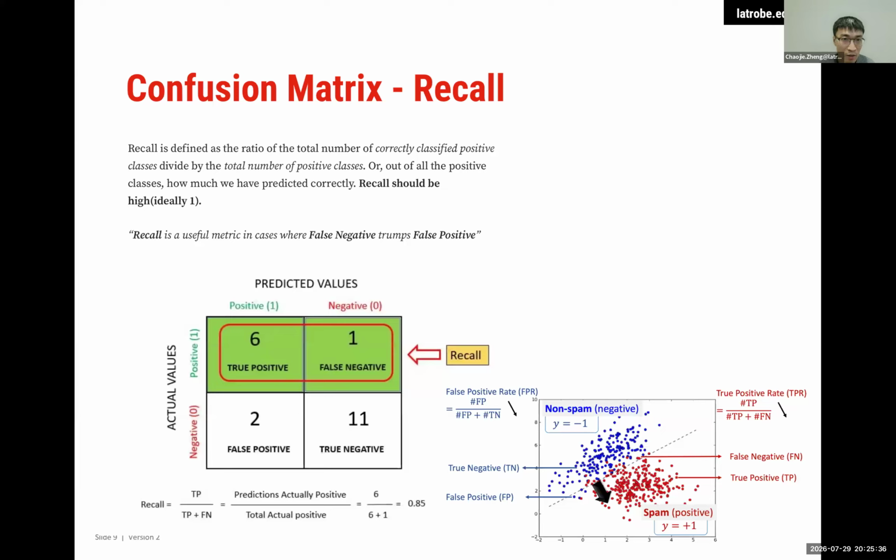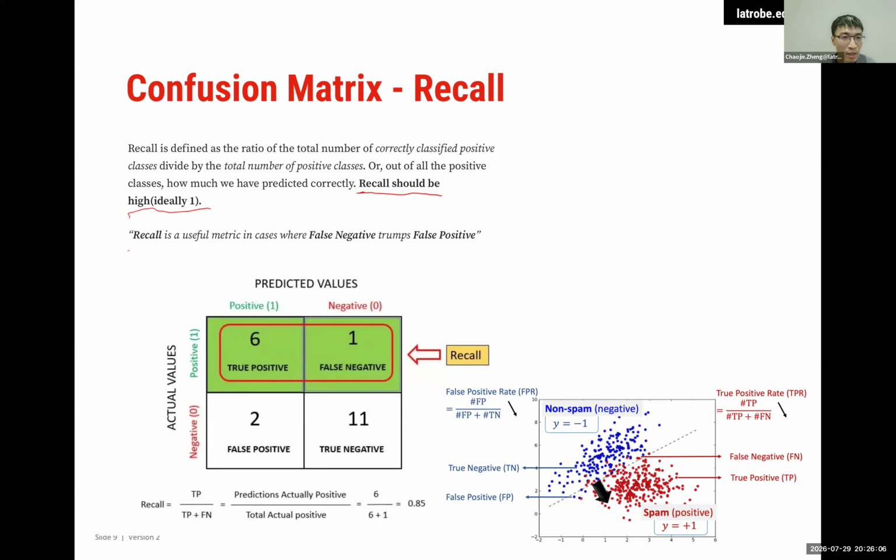We are expecting recall should be high for an ideal model, and the maximum value for this recall will also be 1. In that case, all the actually positive data samples are detected by the model.